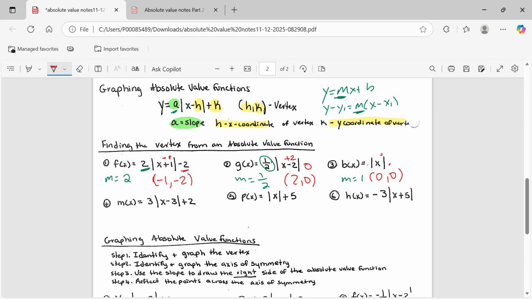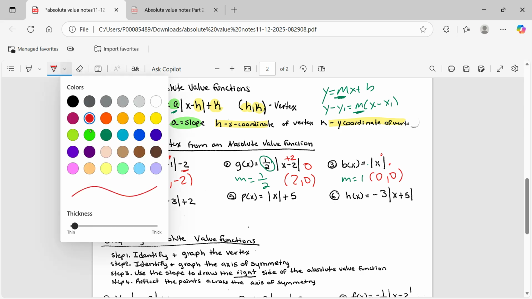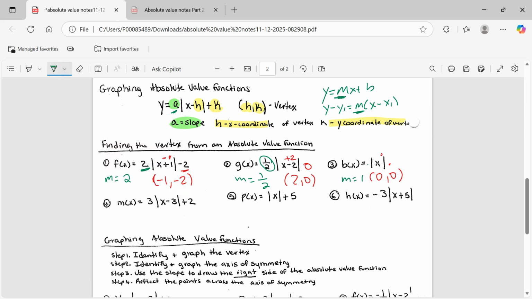Right, now that you have paused and tried, your slope for 4 would have been 3. It's that number on the front. Your slope for 5 would have been +1, and your slope for 6 would have been -3.